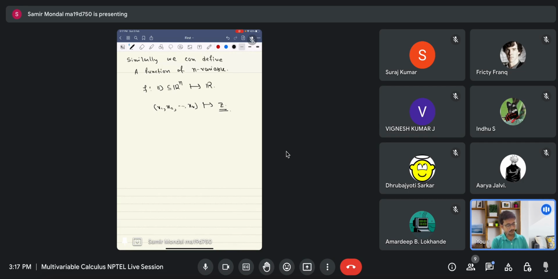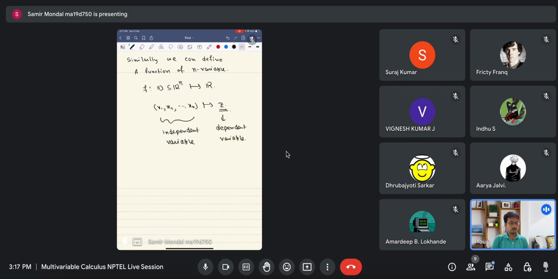Here x1, x2, up to xn are independent variables, and z is dependent on x1, x2, up to xn.